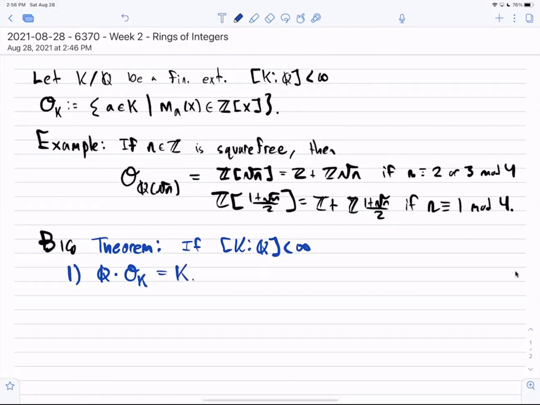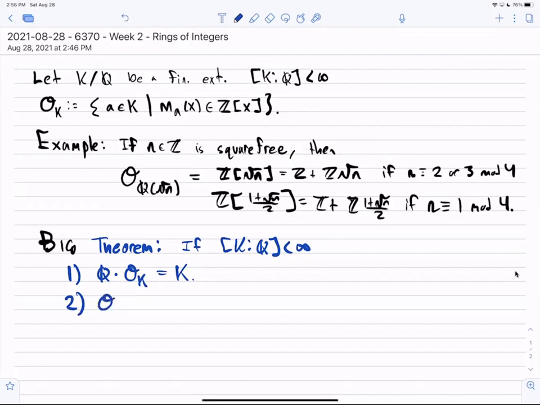This says that nothing is too far from being an integer. It's just a matter of some denominators you can clear. You can see that in this example. That first part is basically trivial. We'll show it in a second.